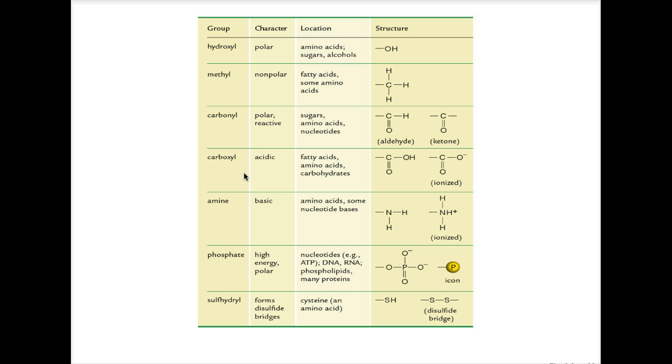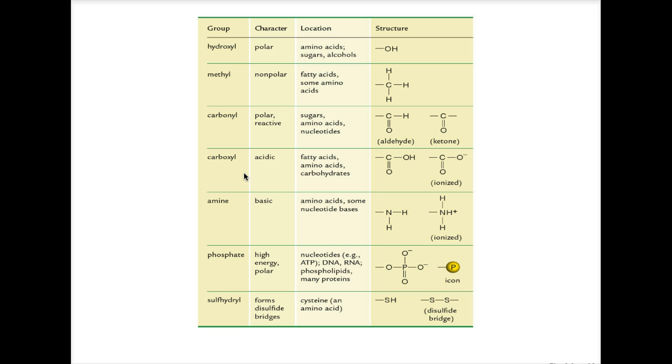So the aldehyde is the carbonyl group bound at the end of a molecule, whereas a ketone is a carbonyl group bound in the middle of the molecule. The carbonyl group, because it's a carbon with a double bonded oxygen, is polar, and that means it's hydrophilic and very reactive. It's located in sugars, amino acids, and nucleotides.